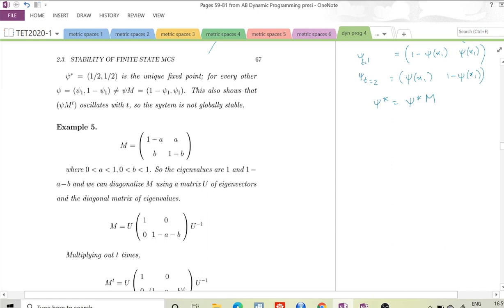I'm naming them 1 minus A, A, B, 1 minus B, just for convenience, and A and B are strictly between 0 and 1. So all these are strictly positive numbers. Then you can show that there will be global asymptotic convergence.